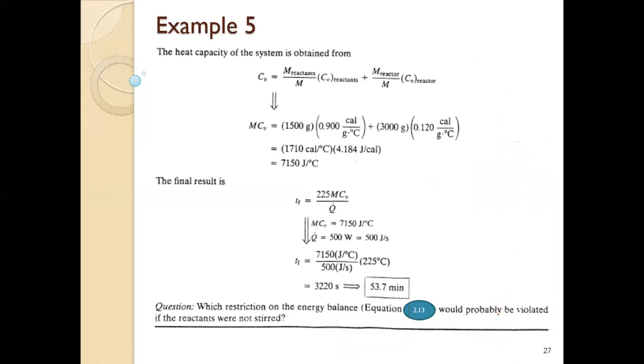Okay, for this case, you know MCV, you know Q. But how to calculate CV? We have CV of the reactant and CV of the reactor.